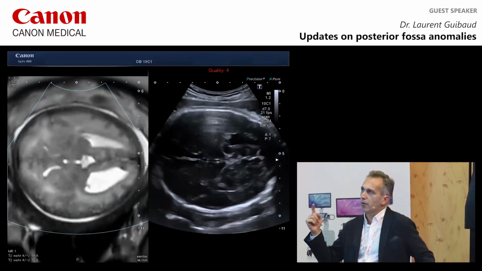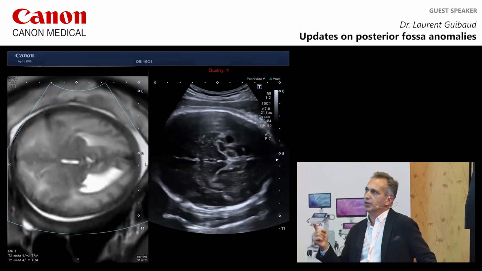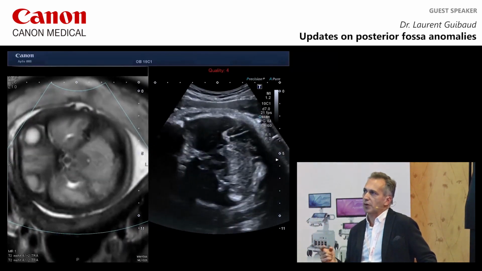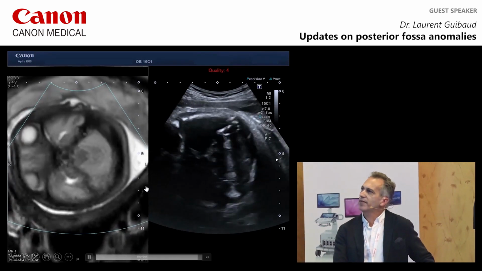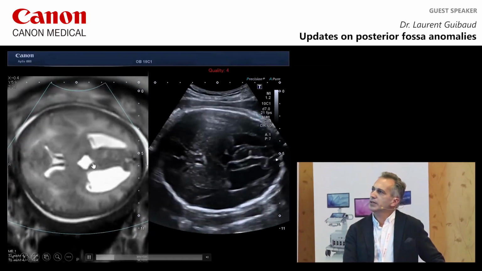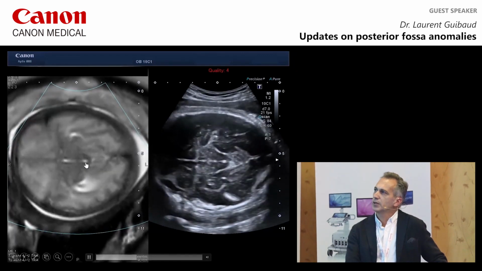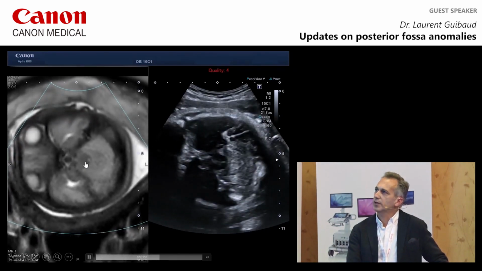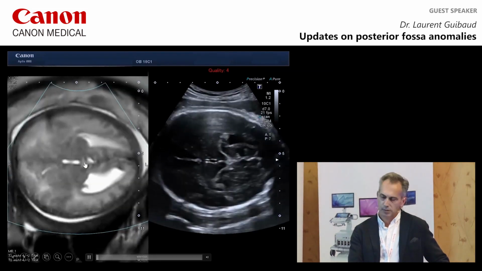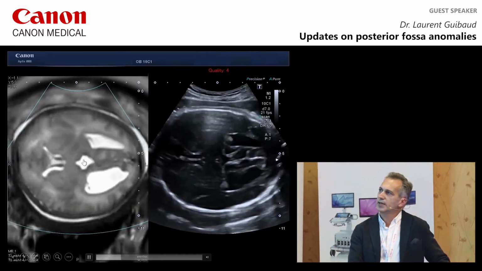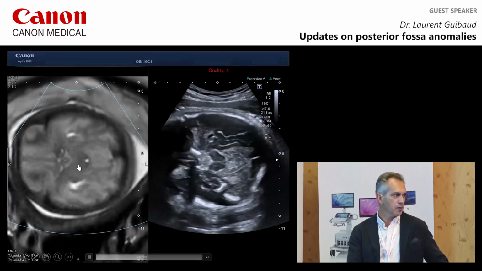And because of that, most of the time, there is dilatation of the ventricular system. And you have also something that you may have seen, what's this? You will see when we come back to the supratentorial structures. This here is the connection with the third ventricle.